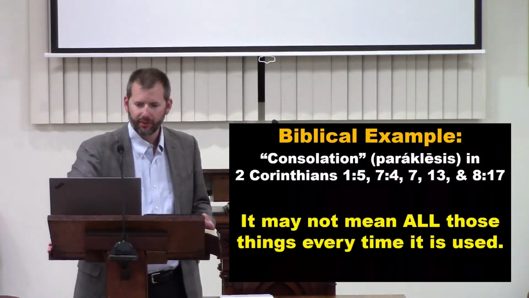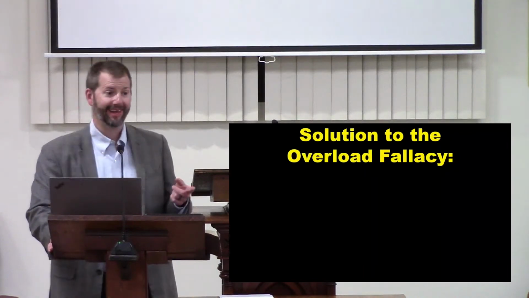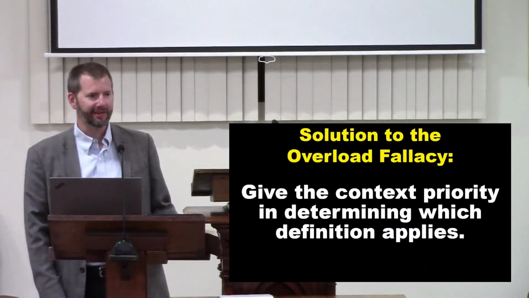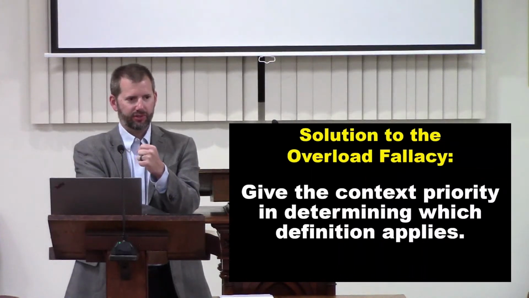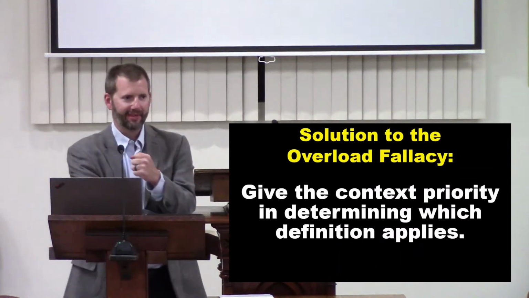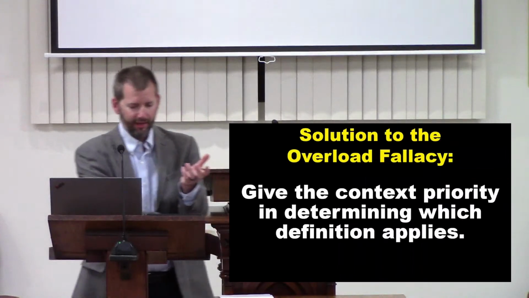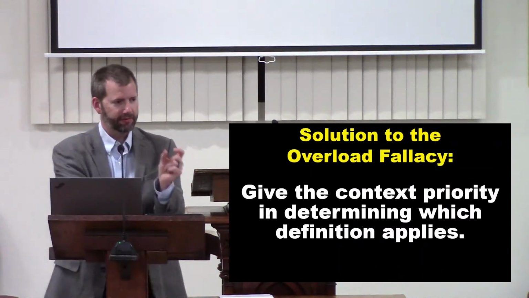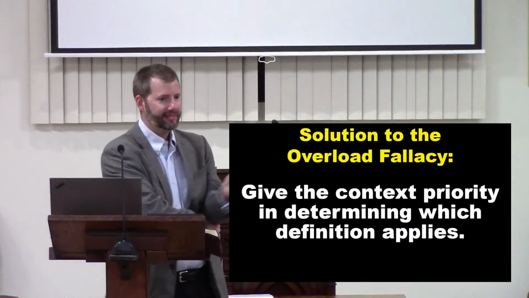So, with that having been said, what's the solution to the overload fallacy? Context! Give the context priority in determining which definition applies. And it can be tempting to use the wrong definition because it proves your point. Like Acts 2:38, the word that's translated for in some contexts can mean because of.